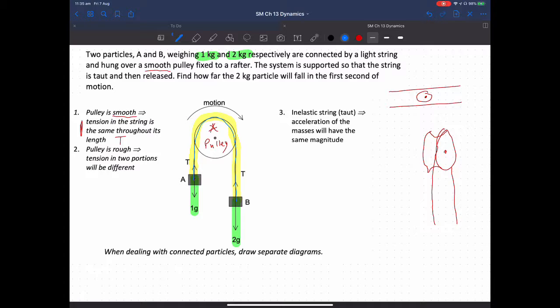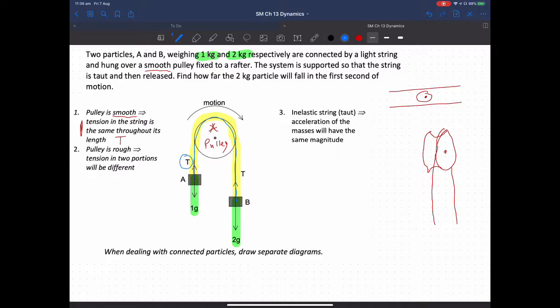For particle A, the weight is pulling down, so there is a force in the string which is going up. So I've marked on the diagram T, the tension force going up through the string.